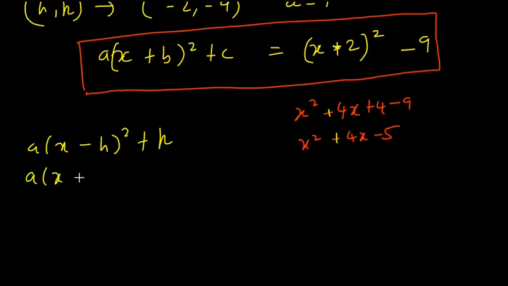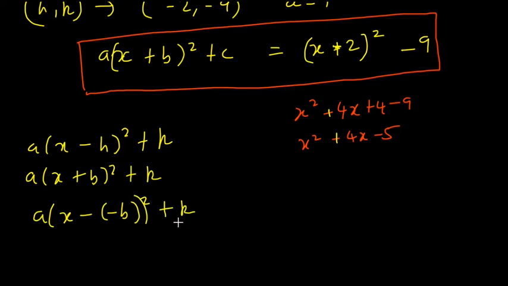If you want to express it as (x plus b) squared plus k, it's actually a different thing, because in that case it's now (x minus h) squared plus k, so h is actually minus b.